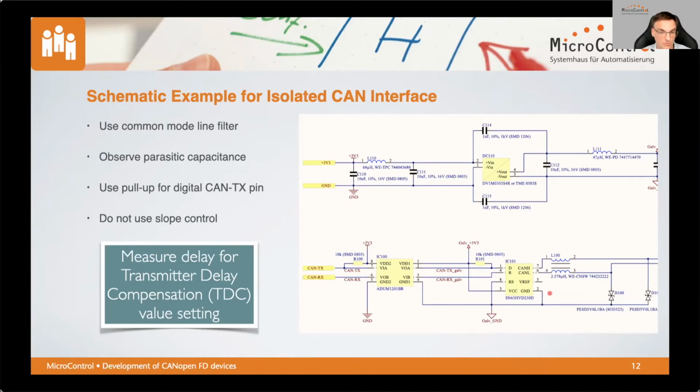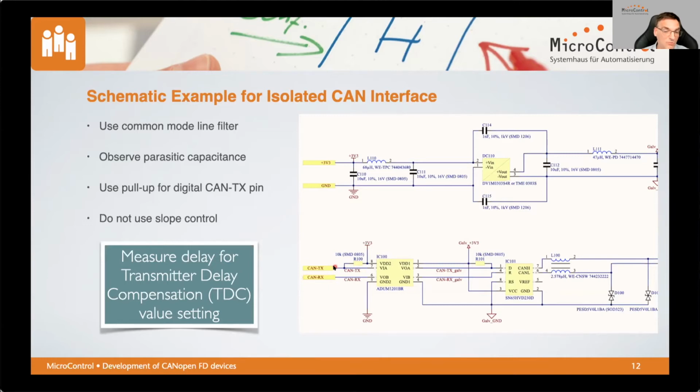And now the most important fact is, when you set up a device with your galvanic isolation and you selected a CAN transceiver for your application, at the end of the day, you have to measure the delay time for the transmitter delay compensation value setting, because all this circuitry you have in there has a delay.